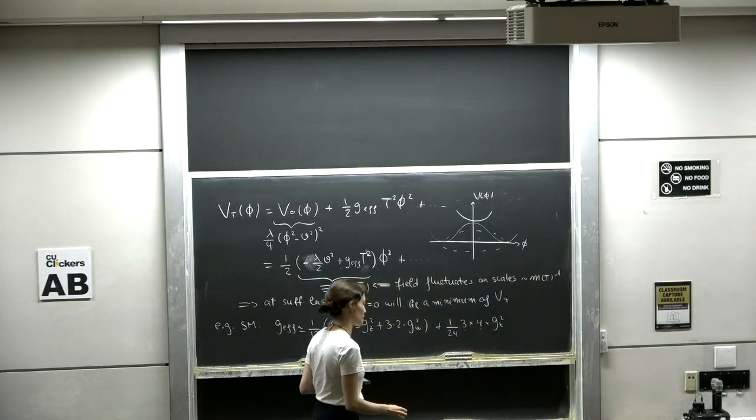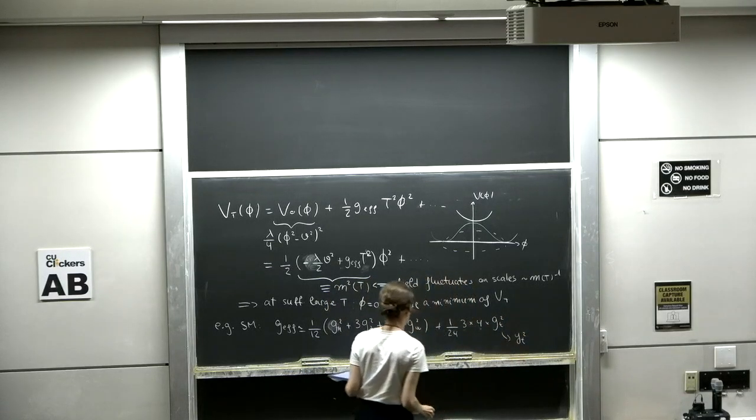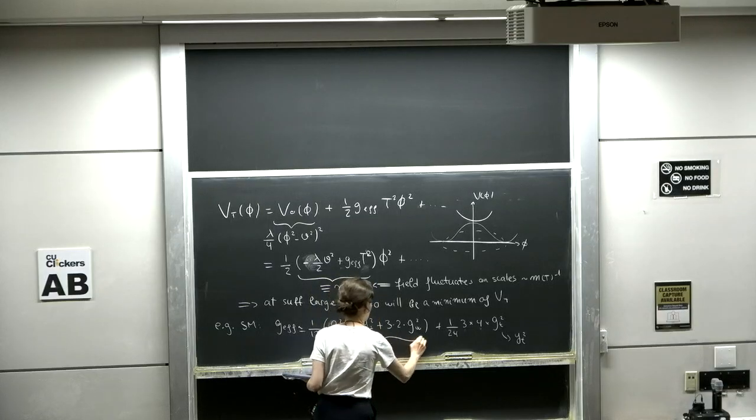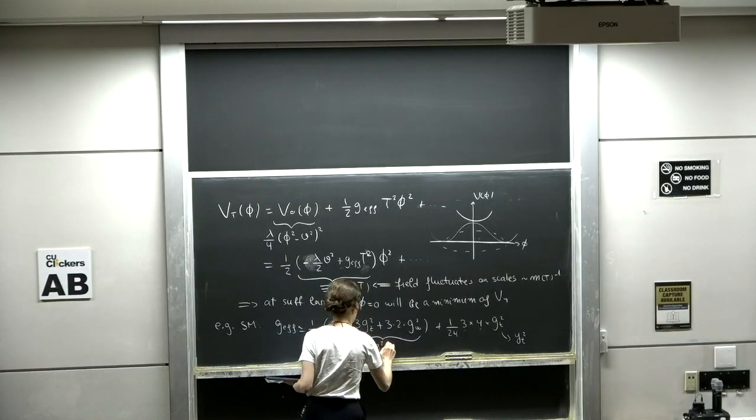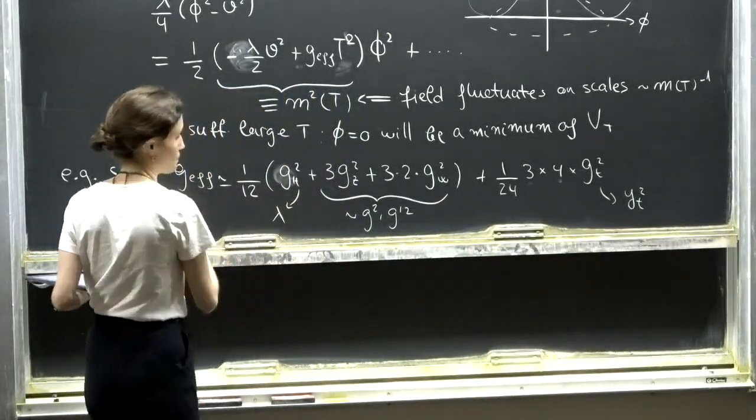So it could be something like this, okay? So this would be proportional to the Yukawa coupling squared, which is order 1. These would be proportional to the gauge couplings of the standard model, and this would be proportional to lambda.